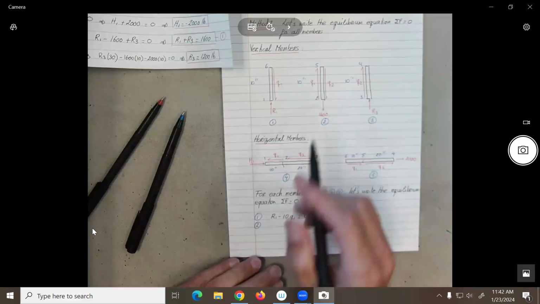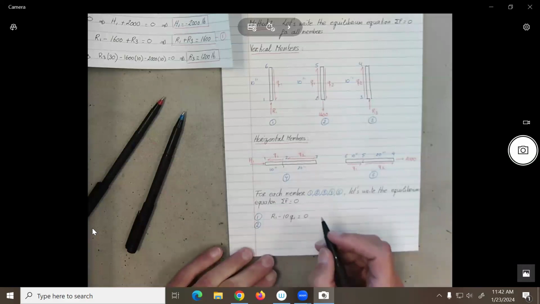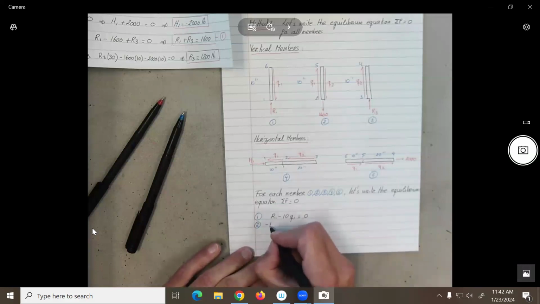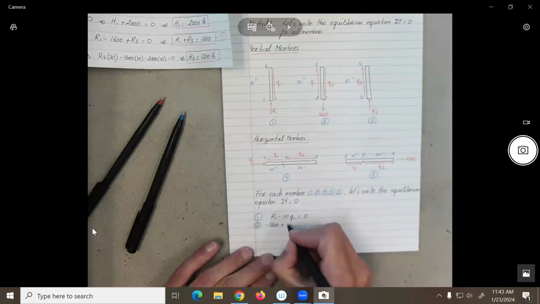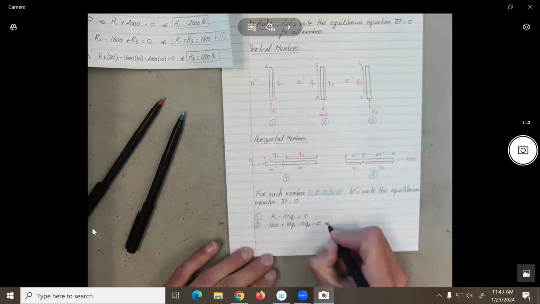If we look at 2, what should be the equation? Minus 1600 plus 10Q1 minus 10Q2 equal to 0.